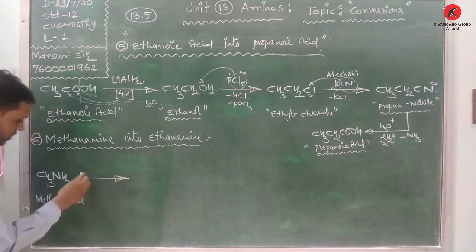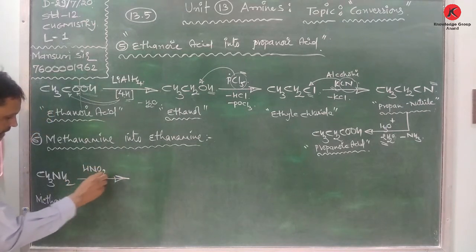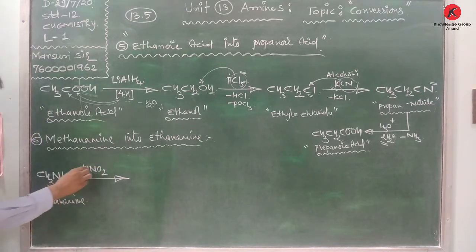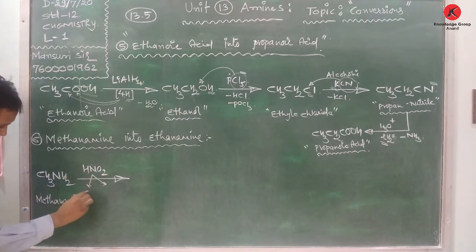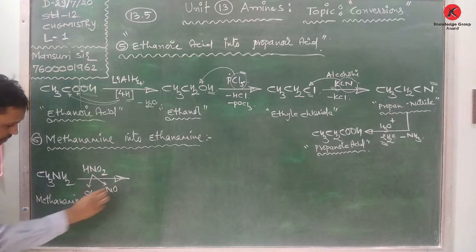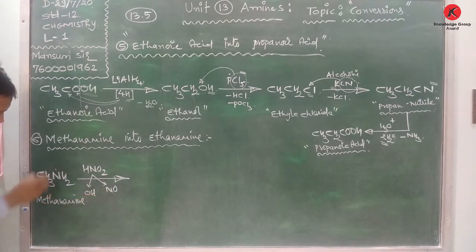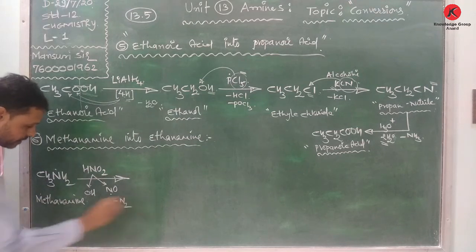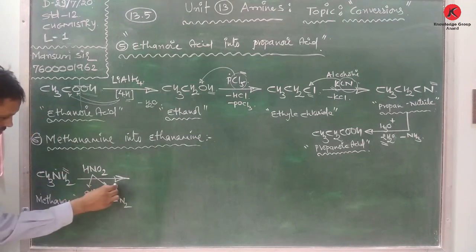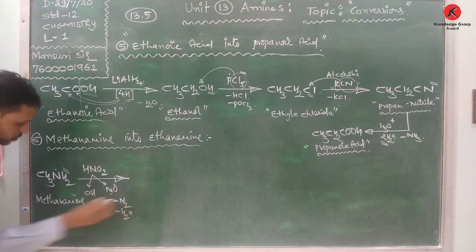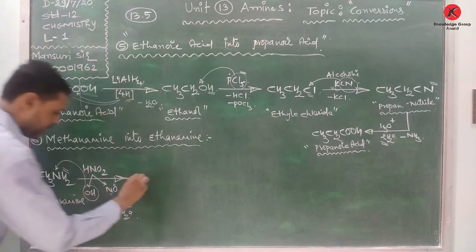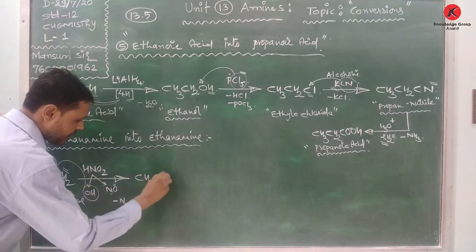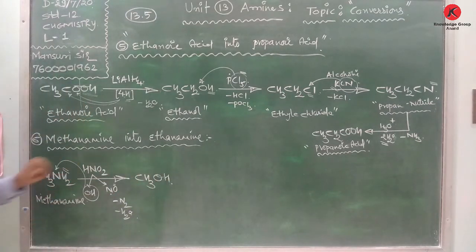Methanamine, when it reacts with nitrous acid, then you know very well that this nitrous acid has 2 groups, OH as well as NO. Now nitrogen will be removed, so N2 will be removed. Hydrogen, oxygen will be removed, so water will be removed. Now OH will be attacked toward this methyl, so methyl and OH, methanol is formed.